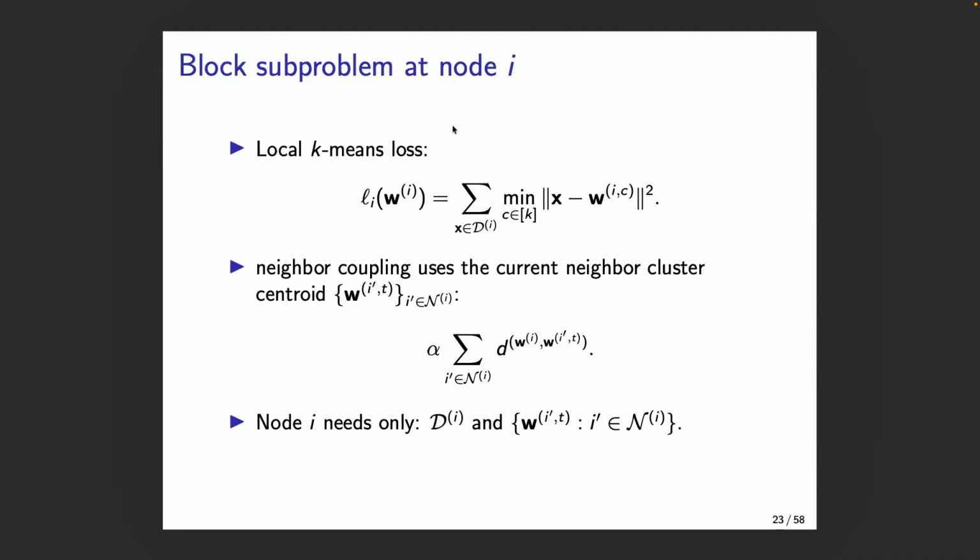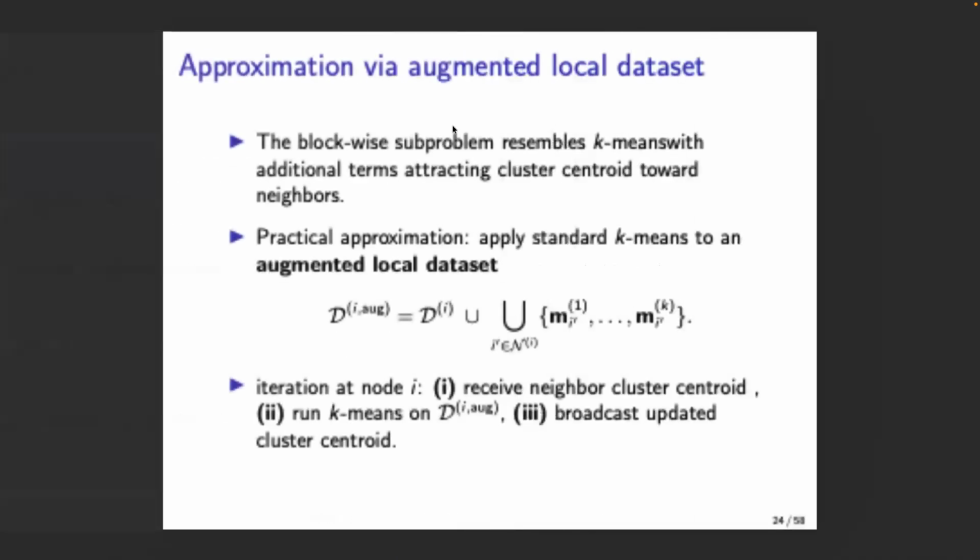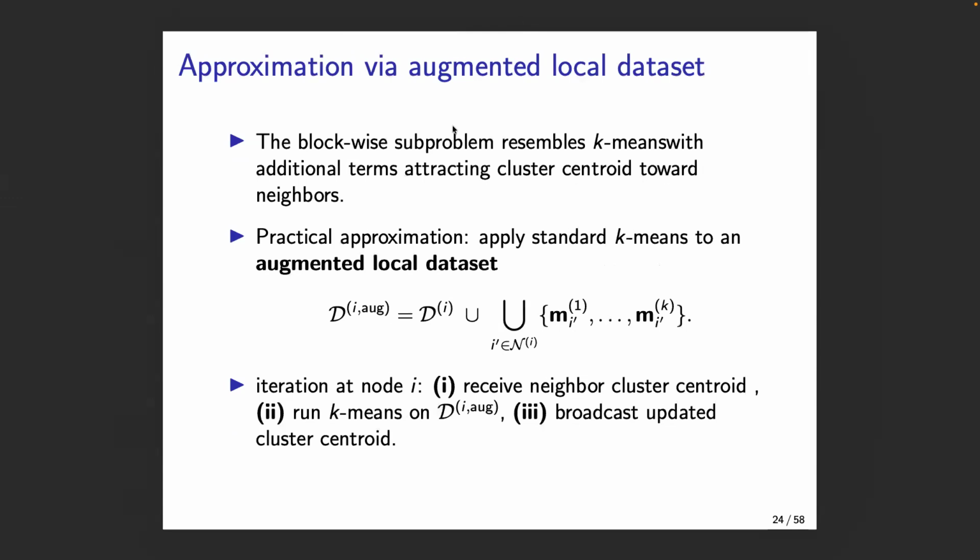We have our local k-means loss and the neighbor coupling, in which again we just need the cluster centroids from the neighbors. This can be non-trivial. So there is a practical approximation that we can apply in this case, which is to apply standard k-means on the augmented local dataset. What does it mean?